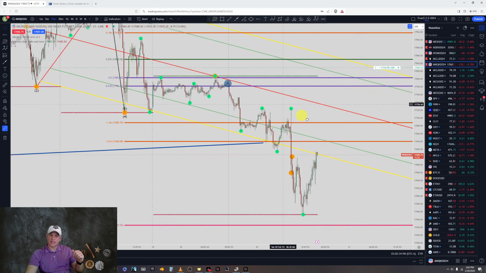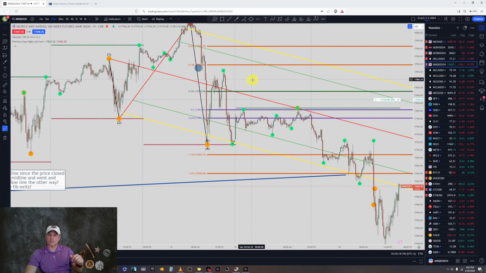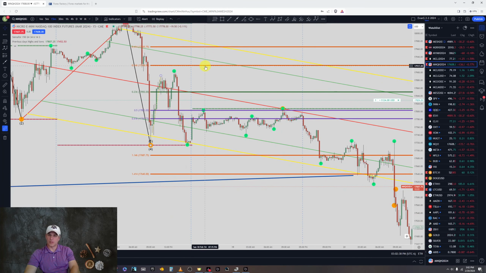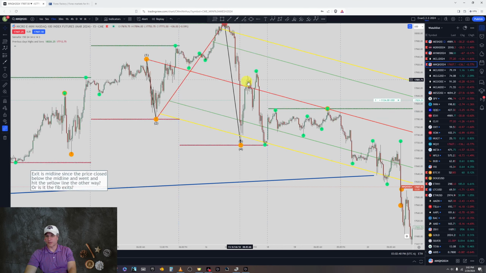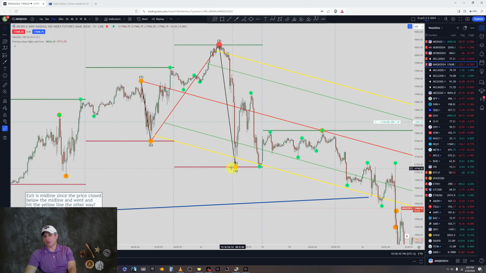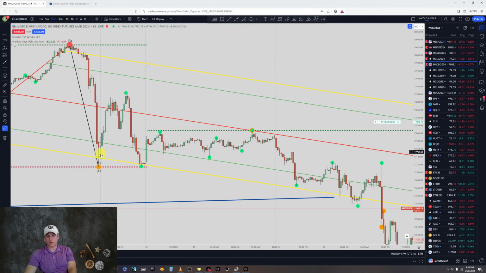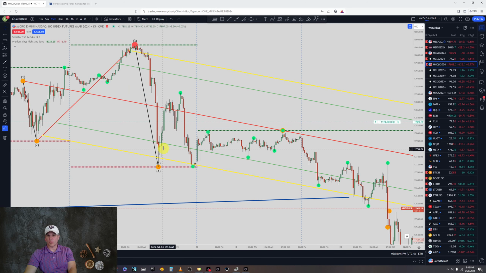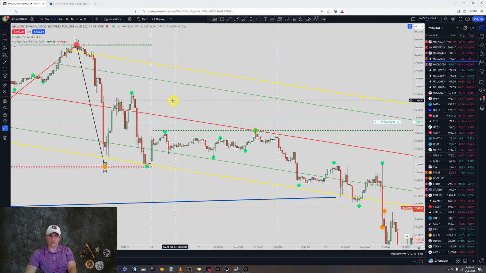But if you look at this trade right here, this is just the expanding triangle trade, 1, 2, 3, 4. Price came up, closed above the yellow line, and probably the orange one didn't form until price was about up here or something like that.